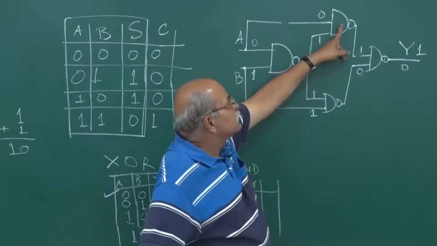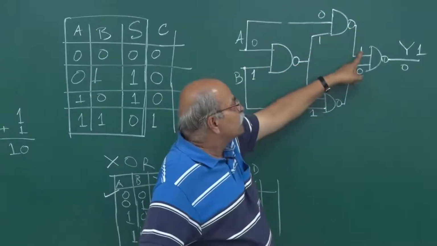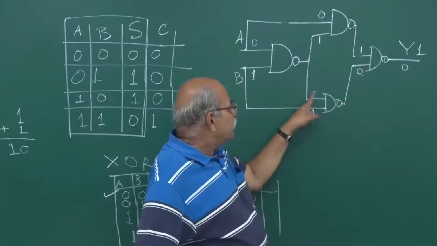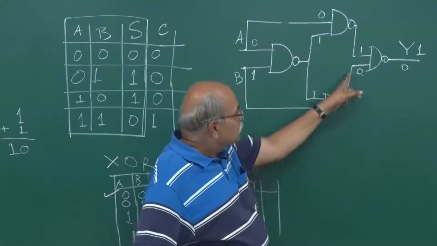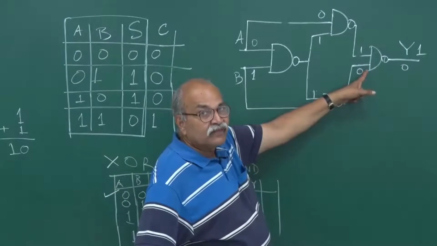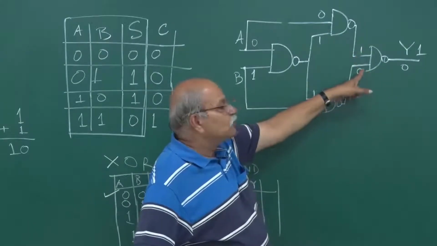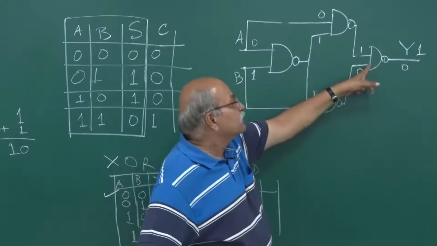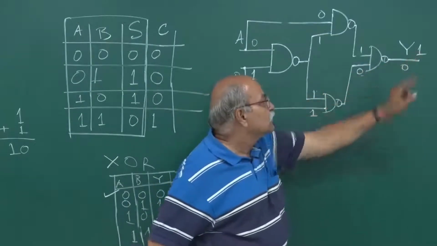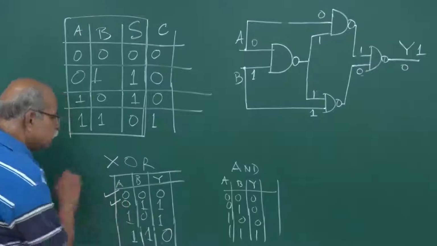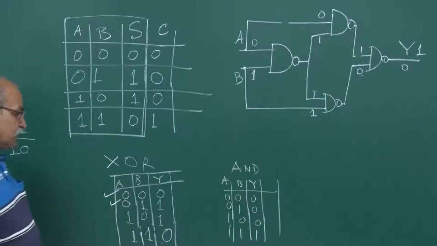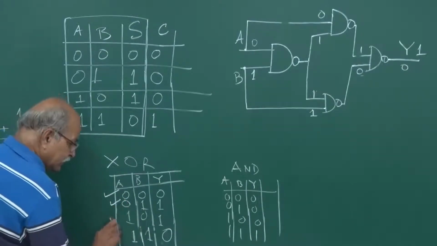So, here it is 0, here it is 1, so this is 1. And then this side 1 and 1 is 1 and then NOT of that is 0, so it is 0. 1 and 0 is 0 and therefore NOT of this is 1, so it is 1. So, 0 and 1 is giving me 1, so this line is okay. And you understand, if this line is okay, then this line is also okay.